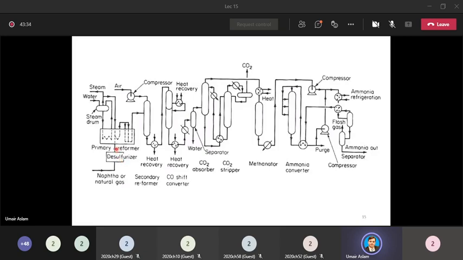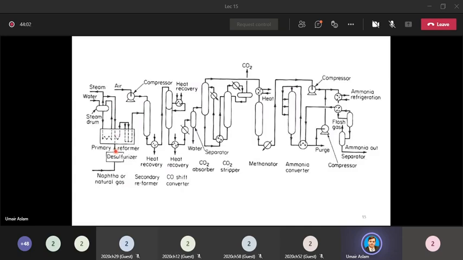Then this desulfurized natural gas or hydrocarbon goes into this primary reformer, where this hydrocarbon is reacted with steam. Steam is coming from this line. So from this line, steam goes into the primary reformer, and from this line, natural gas or hydrocarbon goes into the primary reformer.